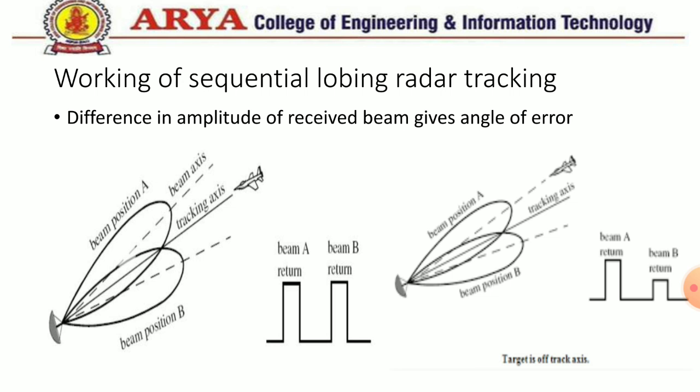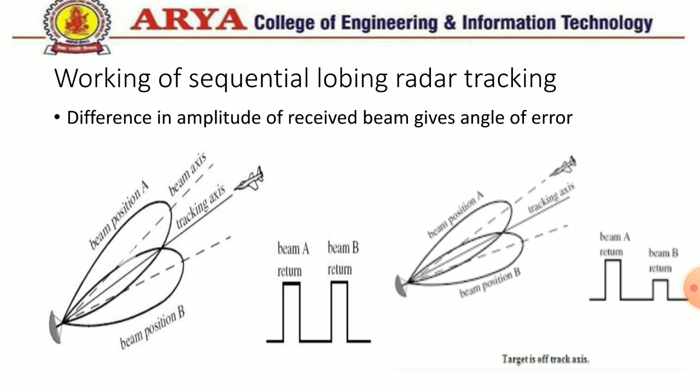So right now the object is exactly on the radar tracking axis, so when the antenna of the radar receives the signal, it will have some magnitude for A as well as B. If you see the figure, the magnitude of beam A and beam B is the same. Why is it the same?